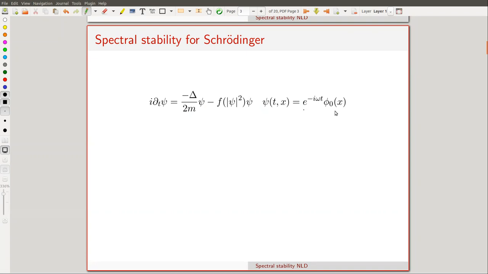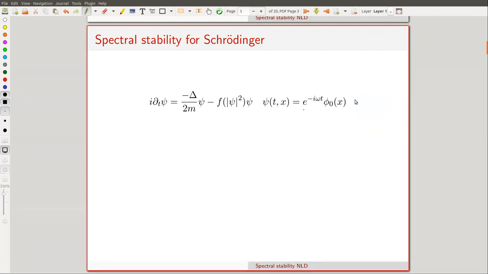Since this is in one dimension, the space-dependent part is the one that satisfies an elliptic nonlinear equation. Maybe unfortunately, in one dimension this equation is really easy. You can easily see that there is a unique solution up to translations in space and the U(1) symmetry, so multiplying by a phase.